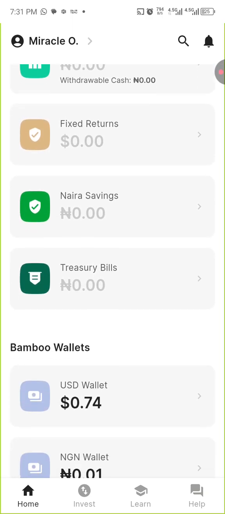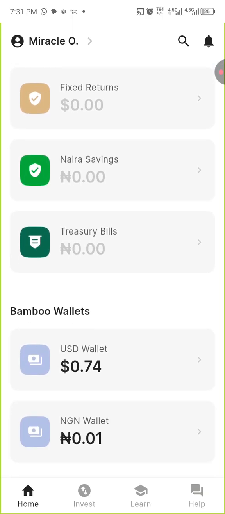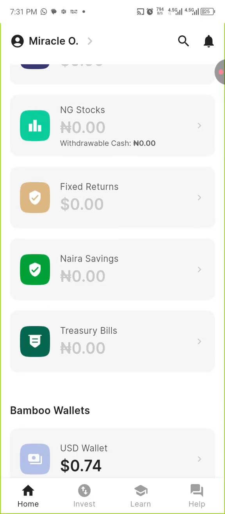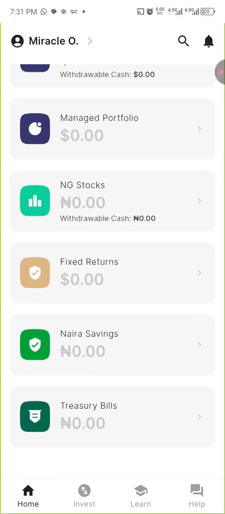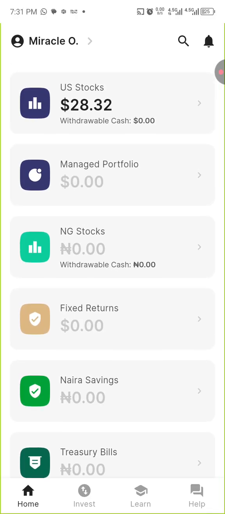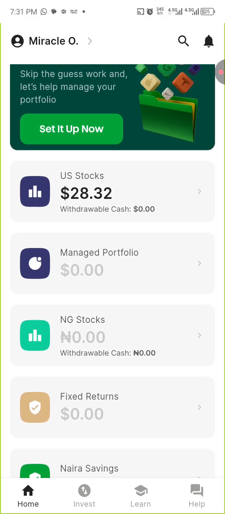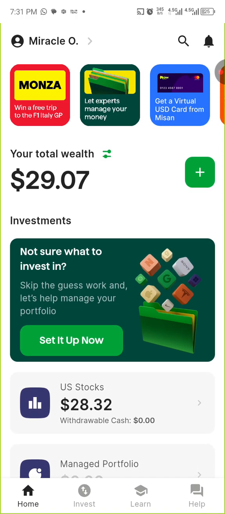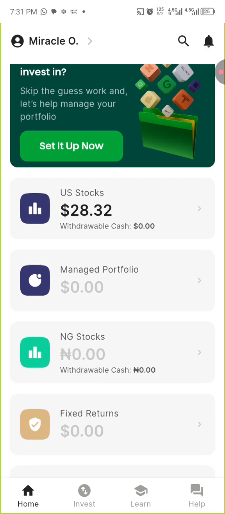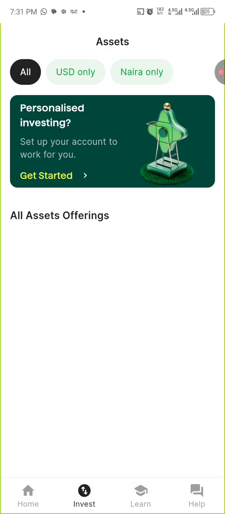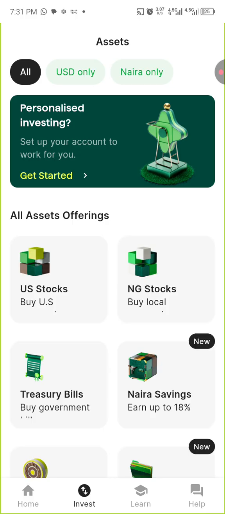You can see your USD wallet, Nigerian Naira wallet, treasury bills, which we'll look into later on, fixed returns, Nigerian stocks, US stocks, and all of that. I basically bought US stock. That is why in my Nigerian stocks you are not seeing anything, but I have some in my US stocks.